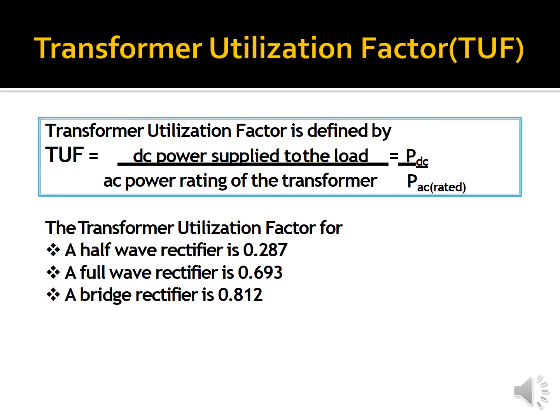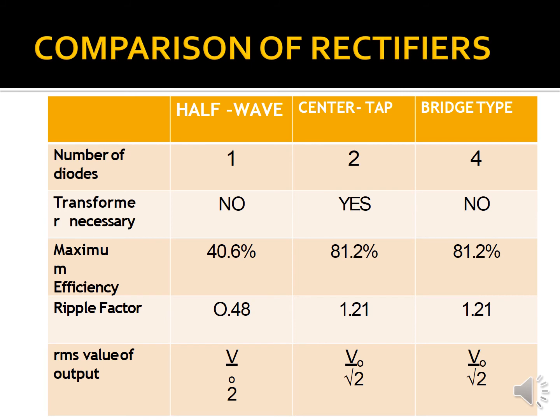The number of diodes in the half wave rectifier is 1, center tap it is 2, and the bridge rectifier 4. A transformer is not necessary in the half wave rectifier, it is necessary in the center tap, and not needed in the bridge rectifier. Maximum efficiency is 40.6% for the half wave rectifier, 81.2% for center tap, and also 81.2% for the bridge type.